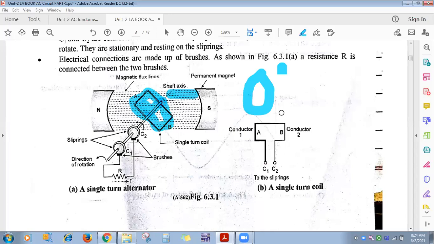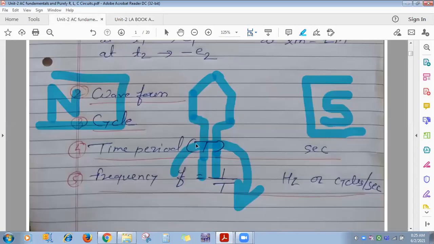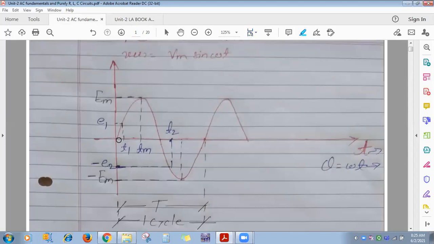When the angle between them is 0 degree, no d phi by dt will be there, so no EMF will get induced in this coil. So at 0 degree, no EMF is induced in the coil, and your graph will start from the origin.